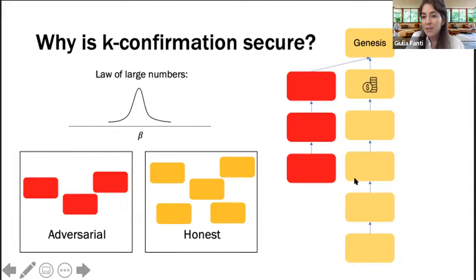And now the adversary says, okay, I'm going to get this car for free. I have the car now. So what I'm going to do is release K+1 adversarial blocks in which I pay that same money to myself, not to the car dealer. So adversaries can create transactions that conflict with a transaction on the other branch, but that are still self-consistent with the entire history of the branch that they're building on.